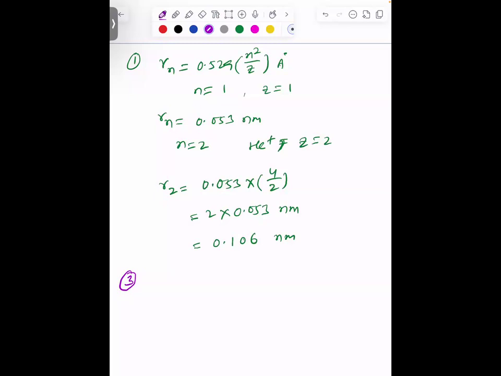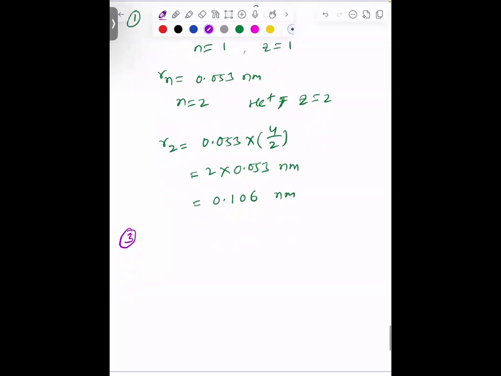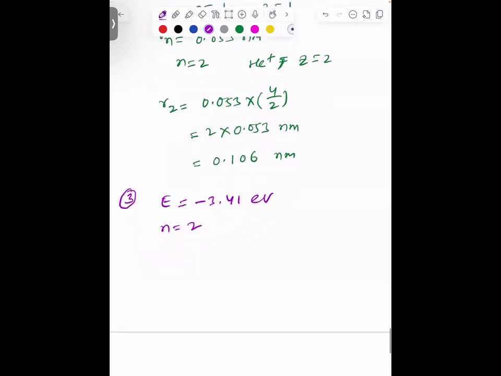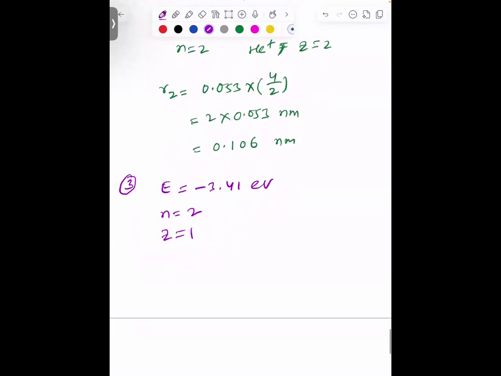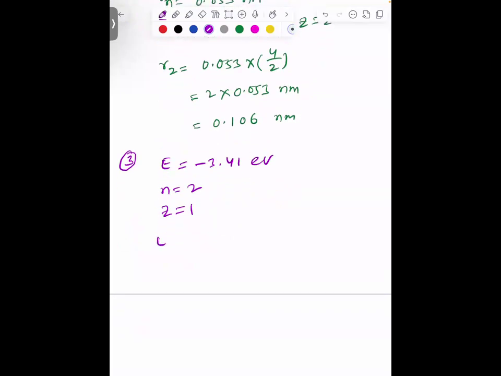Okay, now come to question number 3. Energy of the electron in the second Bohr orbit in the hydrogen atom is minus 3.41 electron volt. So energy is given as minus 3.41 electron volt, second Bohr orbit of hydrogen atom, so n equals 2 and Z equals 1. So what is the formula of energy?